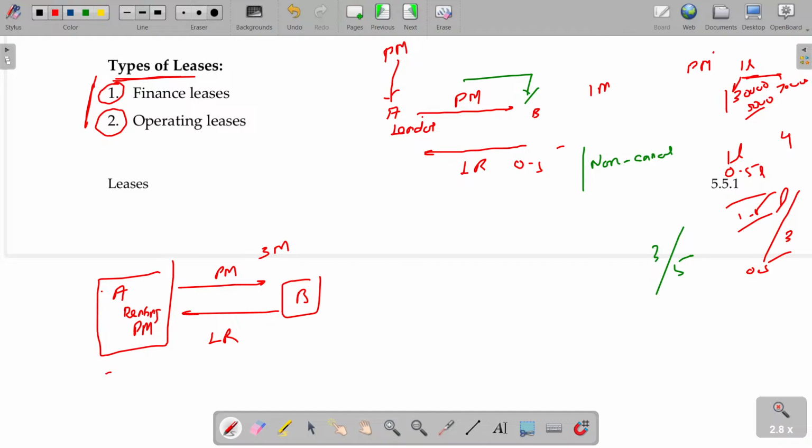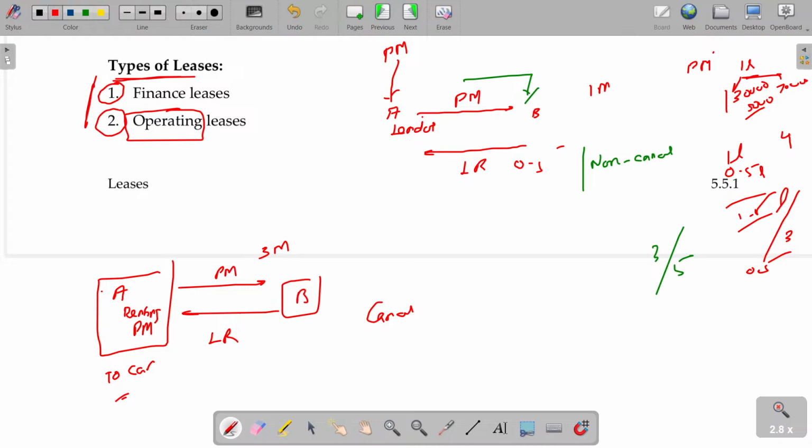For example, he has 10 cars used for rental purpose. B takes the car on rental for 3 months. So, A already has the car, not purchased for B, and B is also taking this for a temporary period of usage. And even 1 month later, if he wants to cancel, he can cancel. This is getting the plant and machinery only for his operating purpose temporarily. Then it is called an operating lease.